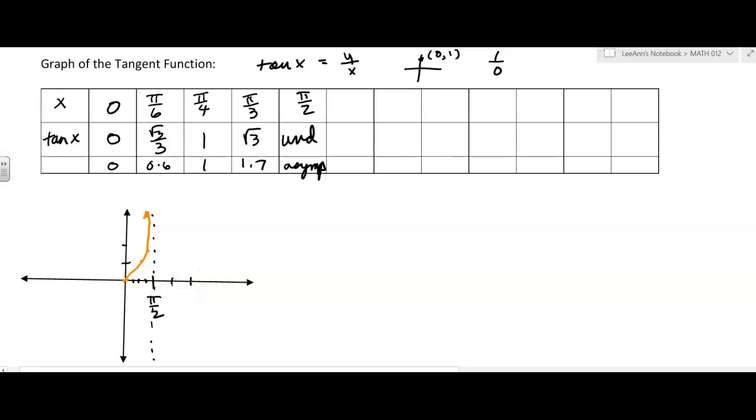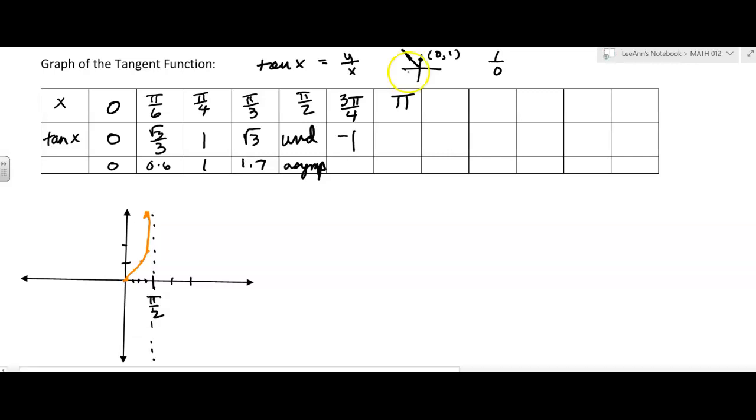So if we have pi here, what's 3 pi over 4? So you're in the second quadrant now, at 3 pi over 4. Well, 3 pi over 4 is going to be negative 1, because your x is going to be negative. And so that one's okay.